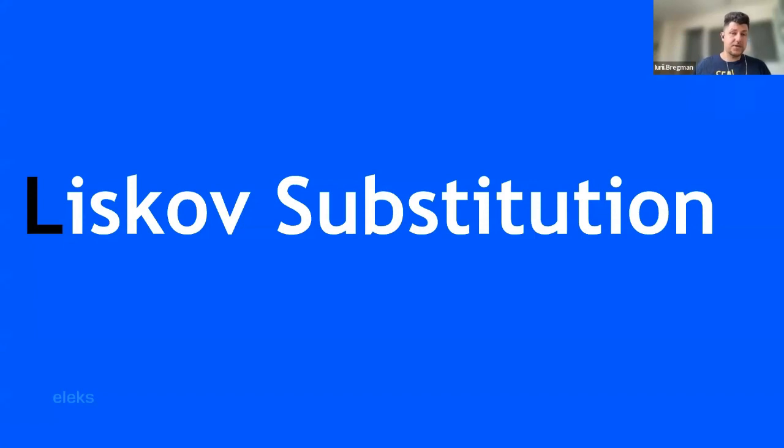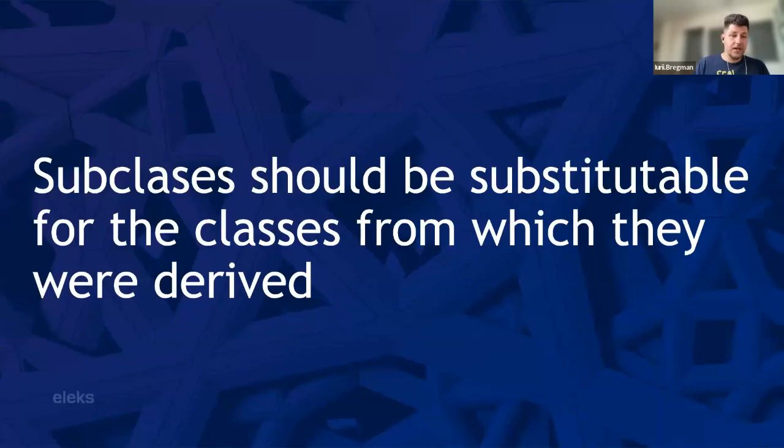So, the Liskov substitution principle. In short, this principle says that to build software systems from interchangeable parts, those parts must adhere to a contract that allows them to be substituted one for another. The original definition of this principle is very mathematical, actually, which makes it hard for the majority of readers to understand.